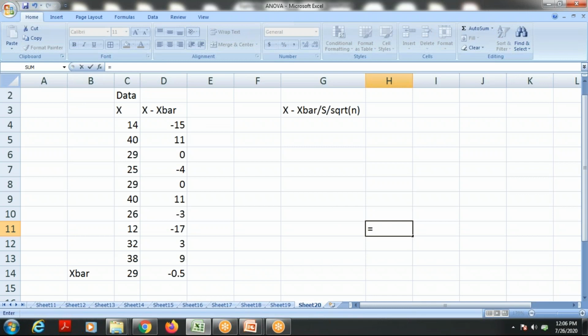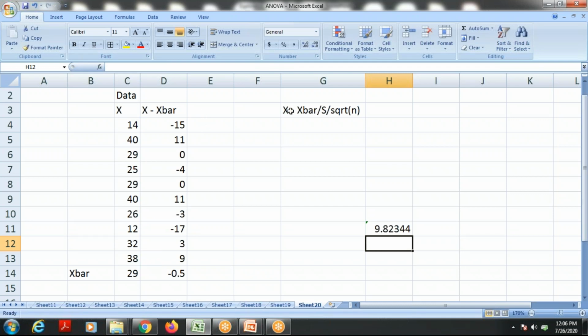Let me do it here. I'm calculating the standard deviation of all this. The standard deviation is coming as 9.82.